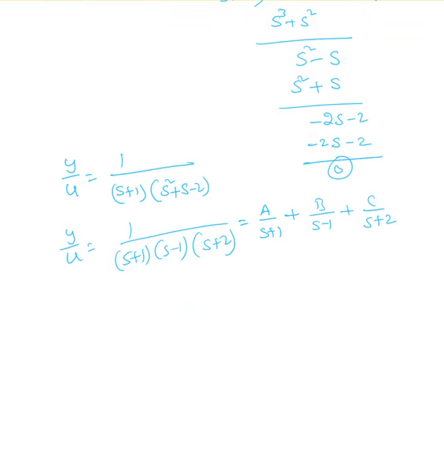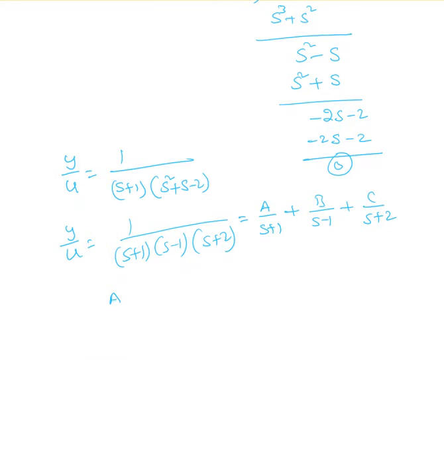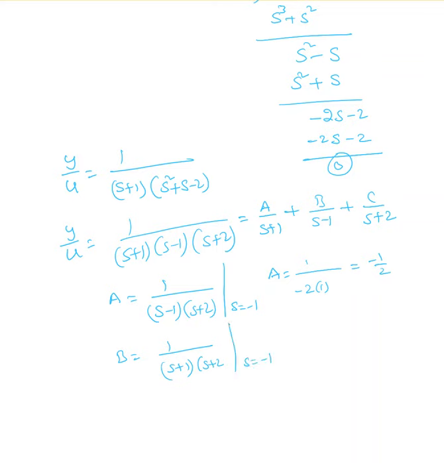Now to find a, I'm going to use the substitution method. A equal to, take the whole equation other than the denominator of a and substitute s equal to -1. So 1 over minus 2 times 1, so a equal to -1 by 2. That is my a. Now b equal to 1 over s plus 1, s plus 2, and substitute s equal to plus 1.